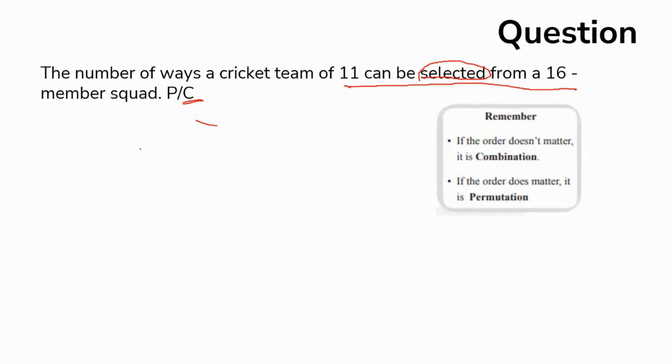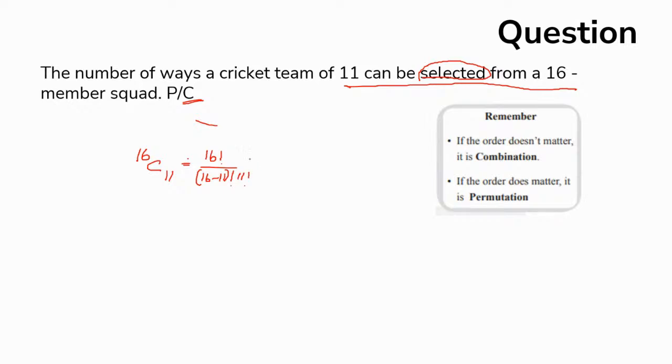How do you go for the calculation? The given number of things is 16, and we go for combinations, and the number of things to be taken is 11. So 16C11 will be the value, which is given by 16 factorial divided by (16 minus 11) factorial into 11 factorial.